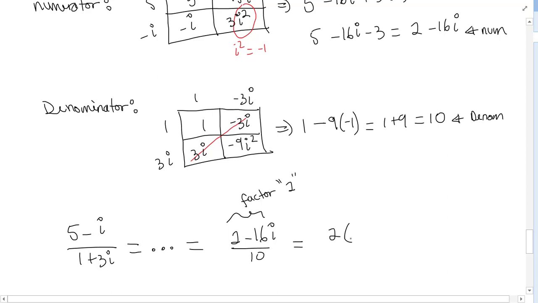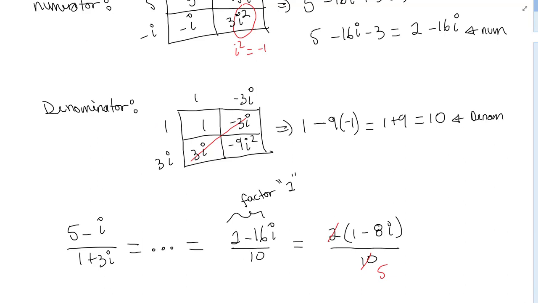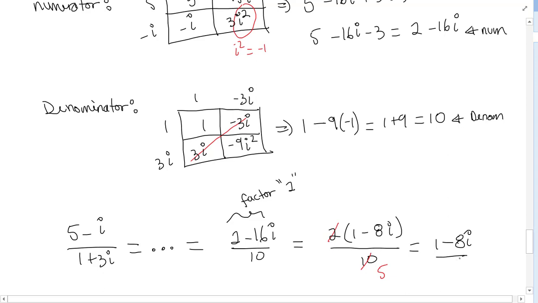So I'm going to have 2 times (1 - 8i) over 10. The reason I do that is because everything is even, so I can say 2 goes into 10 5 times. So my final answer will be (1 - 8i) over 5.